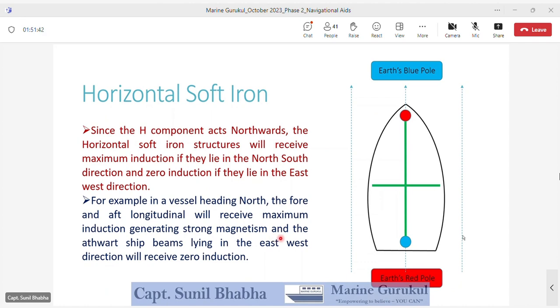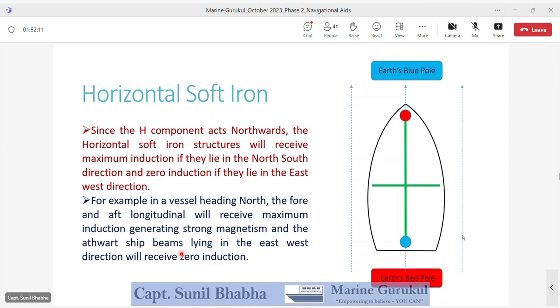And if you now concentrate on the outward ship beams, our vessel is heading in a northerly direction. So the fore and aft longitudinals were perfectly aligned with the magnetic field, but the outward ship beams on that ship will be oriented in an east-west orientation. Now the magnetic field of the Earth is going in a north-south direction. The outward ship beam is oriented in an east-west direction.